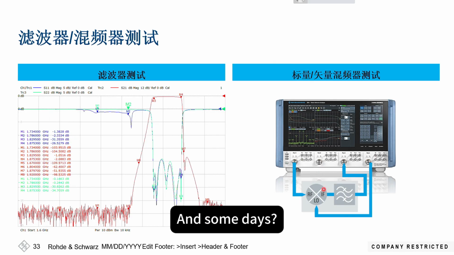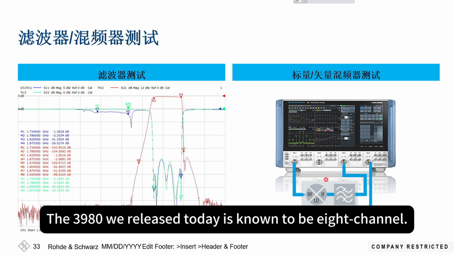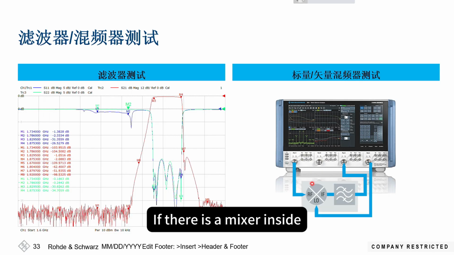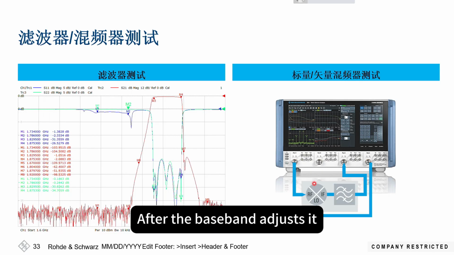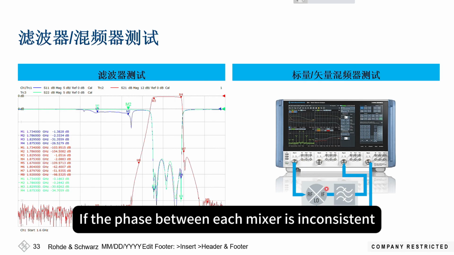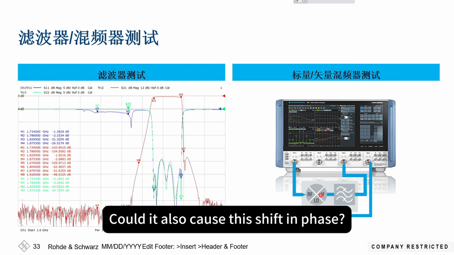And some days, for example, for our MIMO system, such as the 3980 we released today, which is known to be 8-channel. If there is a mixer inside, after the baseband adjusts it, if the phase between each mixer is inconsistent, you can imagine, could it also cause this shift in phase?